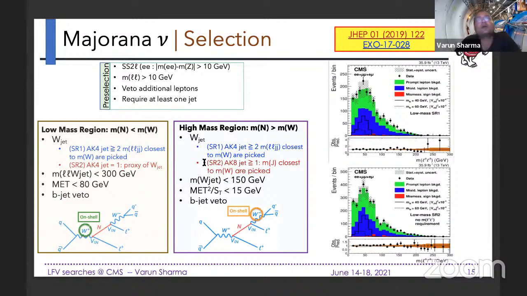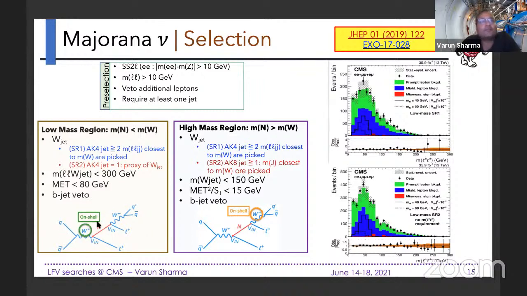One important thing to note is that in the high mass region, we require at least one AK8 jet. An AK8 jet is a jet reconstructed using the anti-kT algorithm with a radius of 0.8, while the AK4 are the anti-kT jets with a cone radius of 0.4.